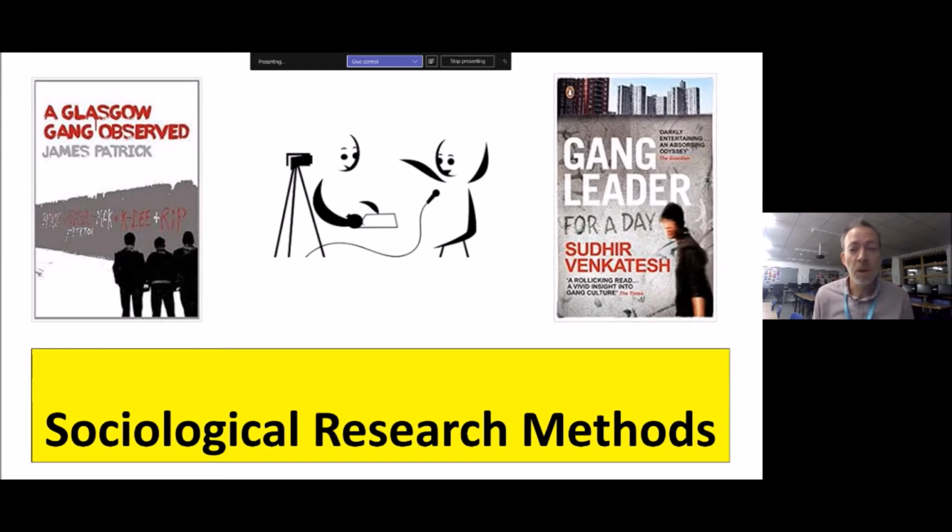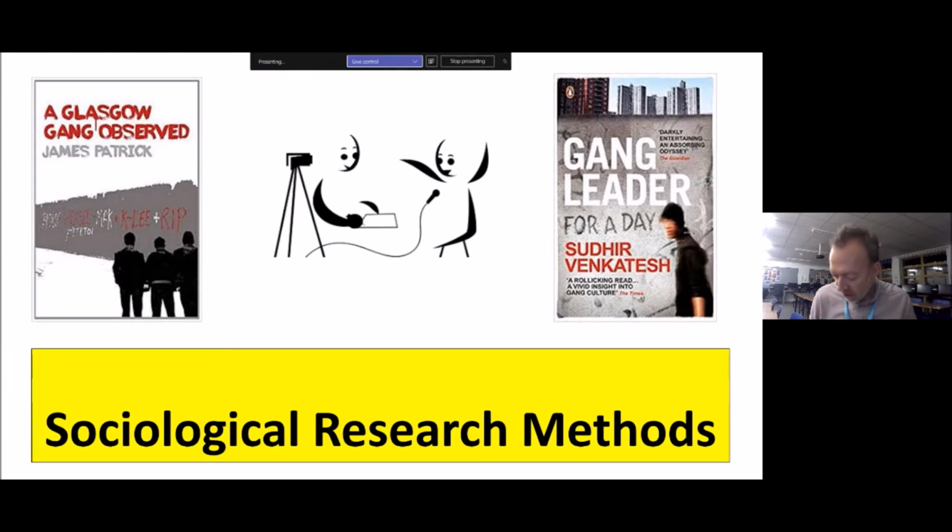That's called participant observation. So in a Glasgow gang observed up there on the left-hand corner, James Patrick joined a Glasgow gang. He became a member of a Glasgow gang and lived the life of them and got an insight into their behaviours. We've got studies of prisons, of the police force, of football hooligans.